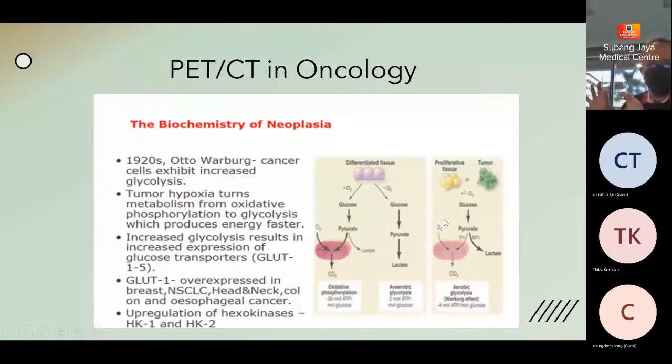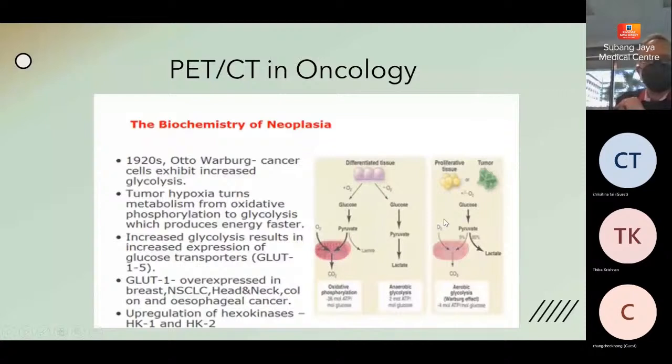I'm not going to explain to you in detail, but basically GLUT1 is the main glucose transporter that's associated with cancers. It's found in many different cancers. And this upregulation of the hexokinases is a common feature that we use in PET to determine how the tumor expresses itself on the PET scan.